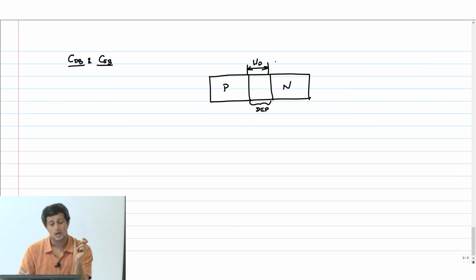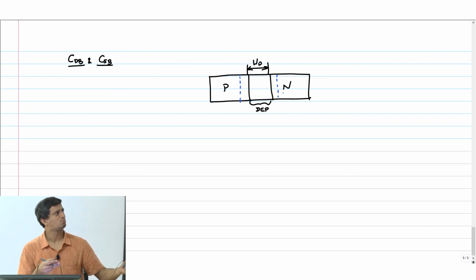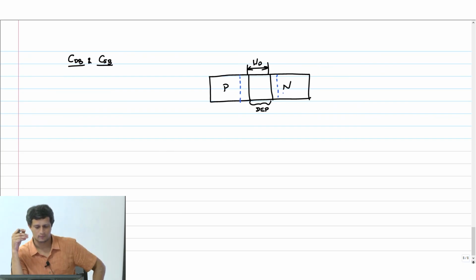If I reverse bias this further, what will happen to the depletion region? It will increase. If I increase my reverse bias, the depletion region will go up like this. So what will happen to the capacitance? It will come down.